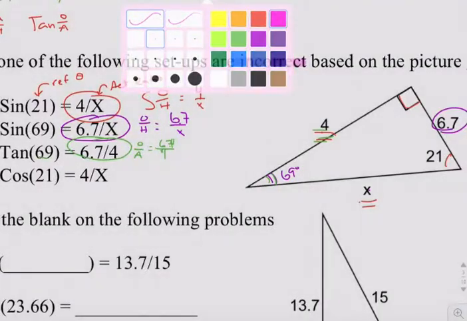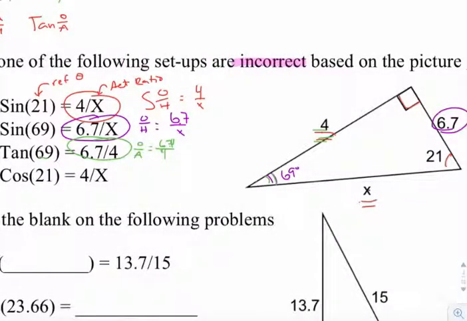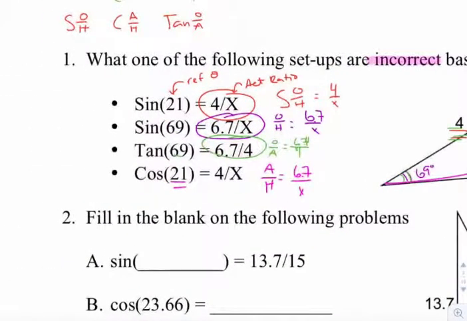But let's go ahead and double check it anyway, just for a little extra practice. Cosine is adjacent over hypotenuse, and we're referencing 21, so we're referencing this guy right here. Adjacent is the one that's touching it, so that should be 6.7. And then hypotenuse for cosine should be x. And if you look, they're using 4 over x. It looks like they mistook sine and cosine. So this is our answer right here.